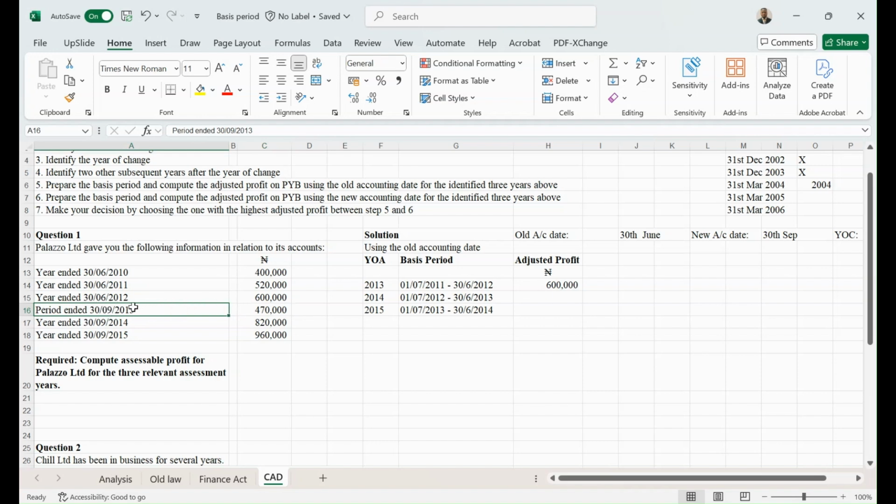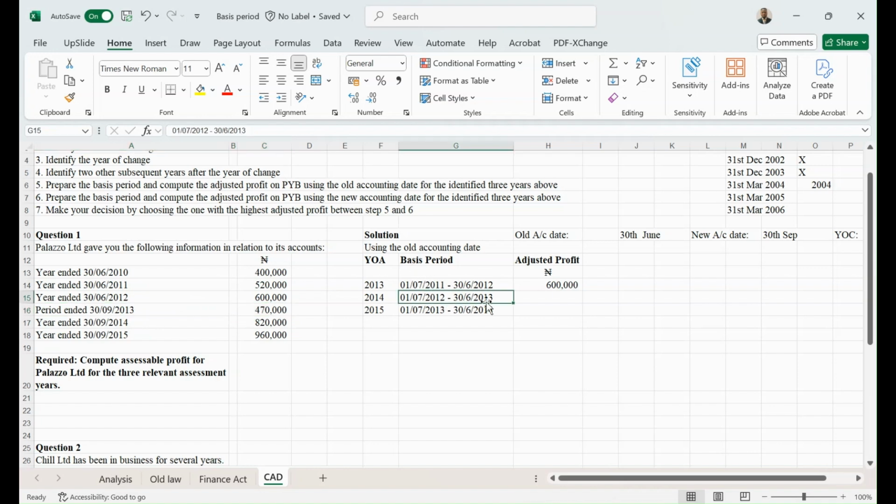Then July 2012 to September 2013, if you count it, is a 15 months period. What that means is that the entire period July 2012 to June 2013 can be found in this 470,000, which is for 15 months, from July 2012 to September 2013.